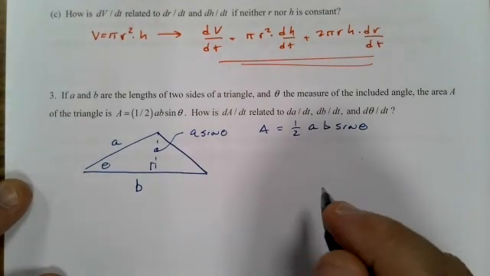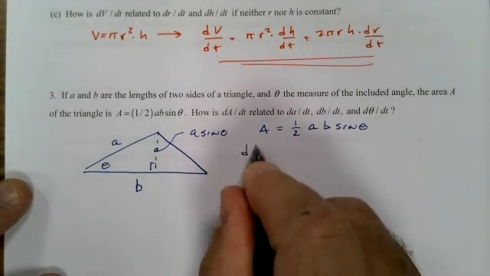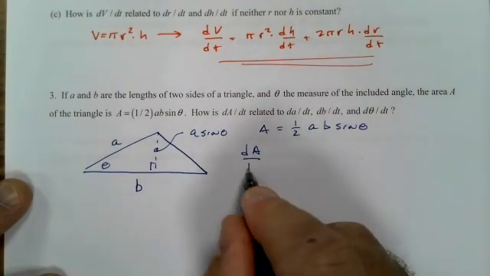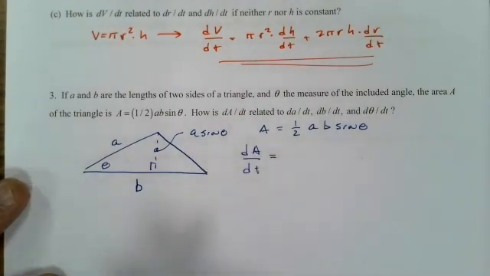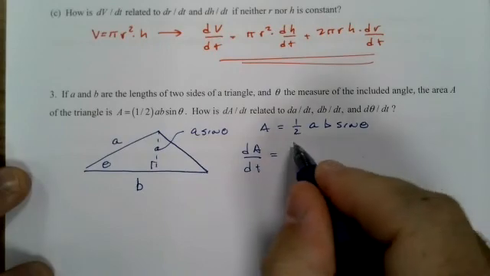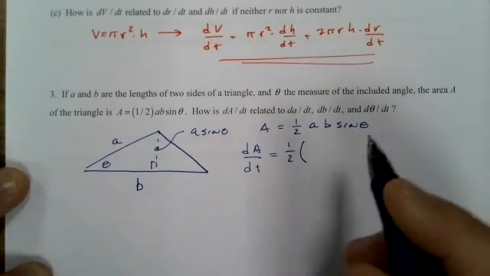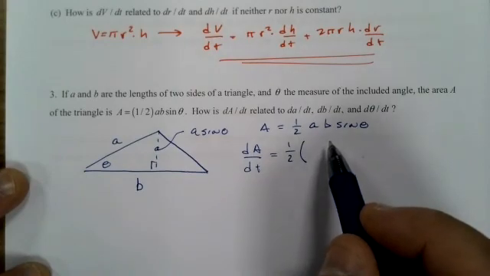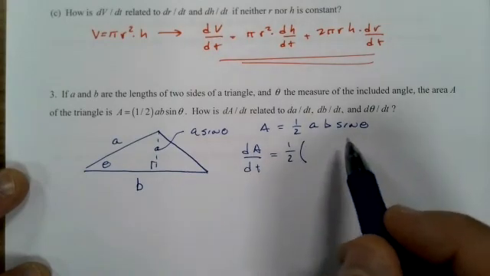Cool. All right. Big nasty here. dA/dt, because we have 3 variables. dA/dt equals, I'm going to leave the 1/2 out front. And product rule with 3 things, you leave 2 as constants and take the derivative of the other one.